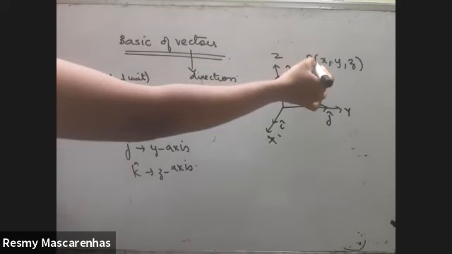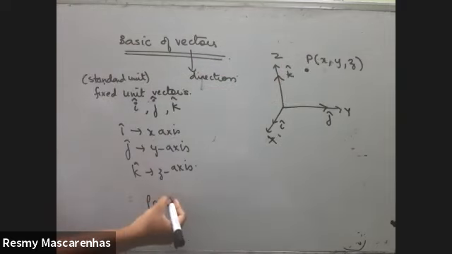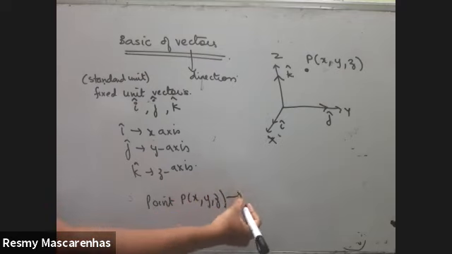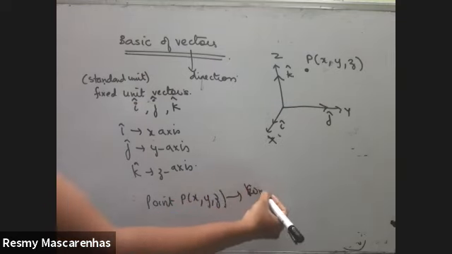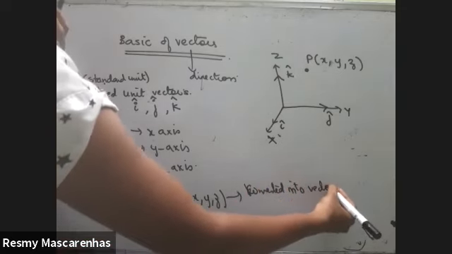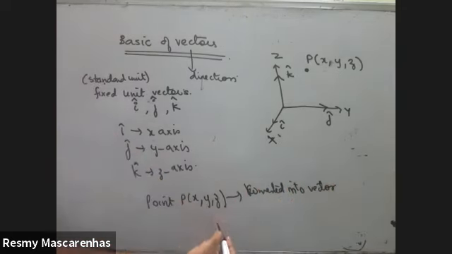Any given point can be converted into a vector. How can I convert a point into a vector? If this is P, you always put a bar on top of it. Bar means always a vector, or you use an arrow, or a simple bar like this.